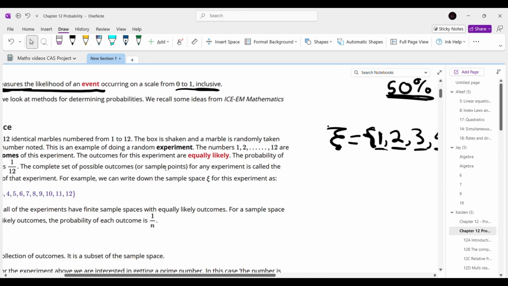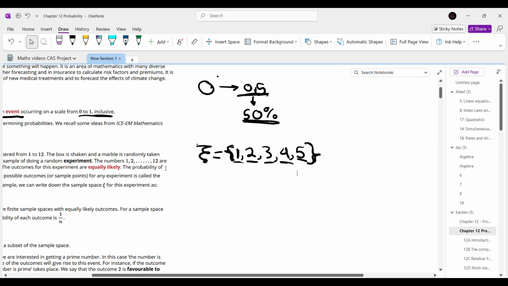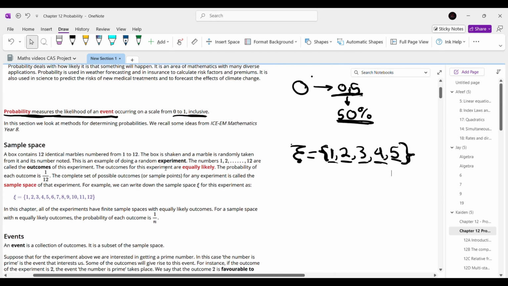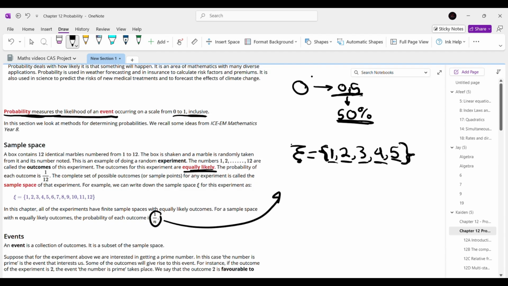Now, when these values are in the sample space, all the outcomes for the experiment, if one of these was randomly chosen, are equally likely, as all of these values only appear once. And for a sample space with all equally likely outcomes, the probability of each outcome is always equal to 1 over n. N here represents the number of outcomes in the sample space.